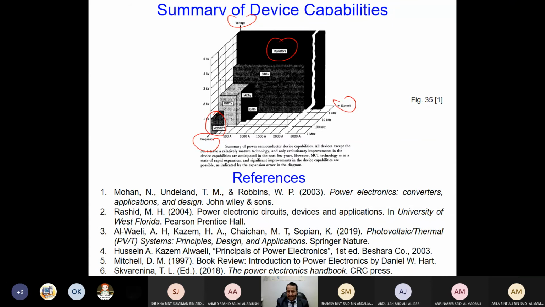We revised the diode. We revised the BJT. We talked about thyristor. We talked about isolated gate bipolar transistor, gate turn off thyristor. Also, we talked about the losses when we switch on and off. We said there are 2 triangles: when on, when off. These losses we need to consider.